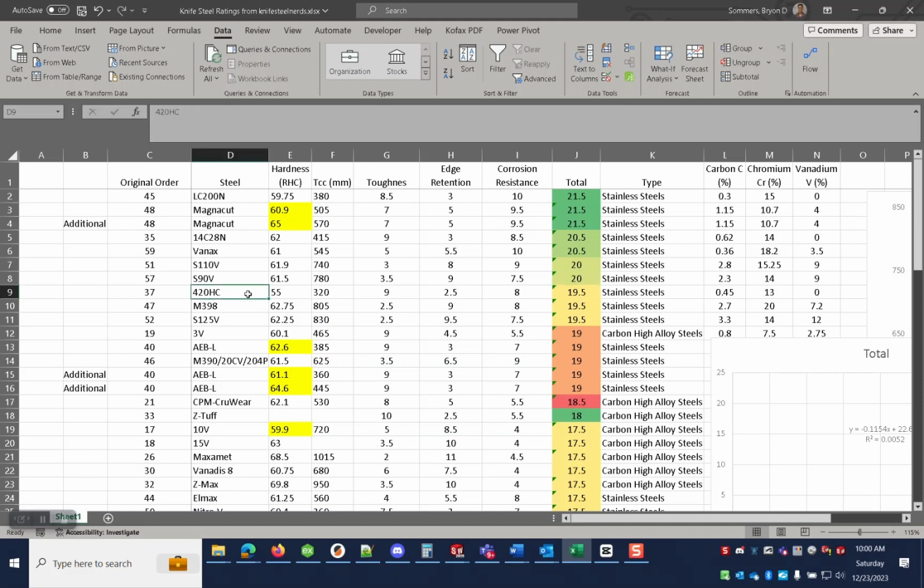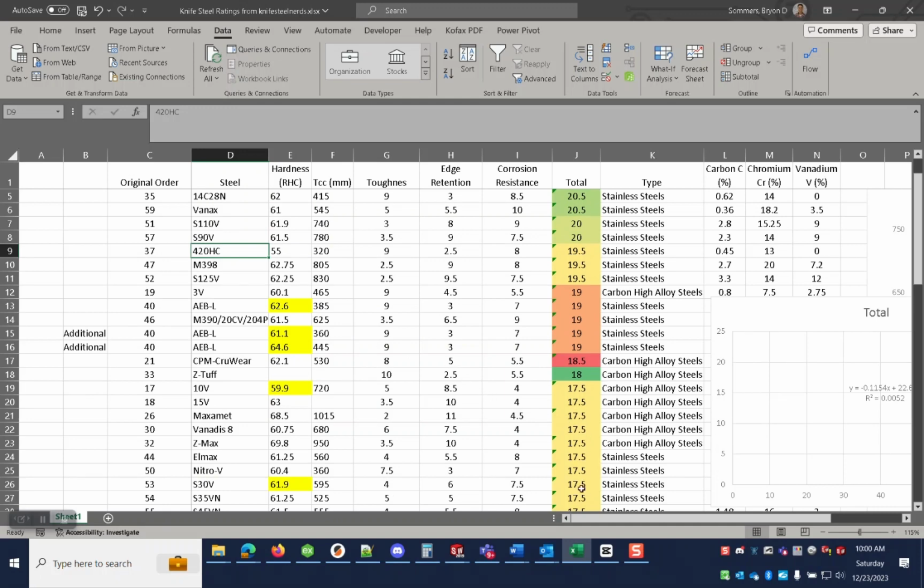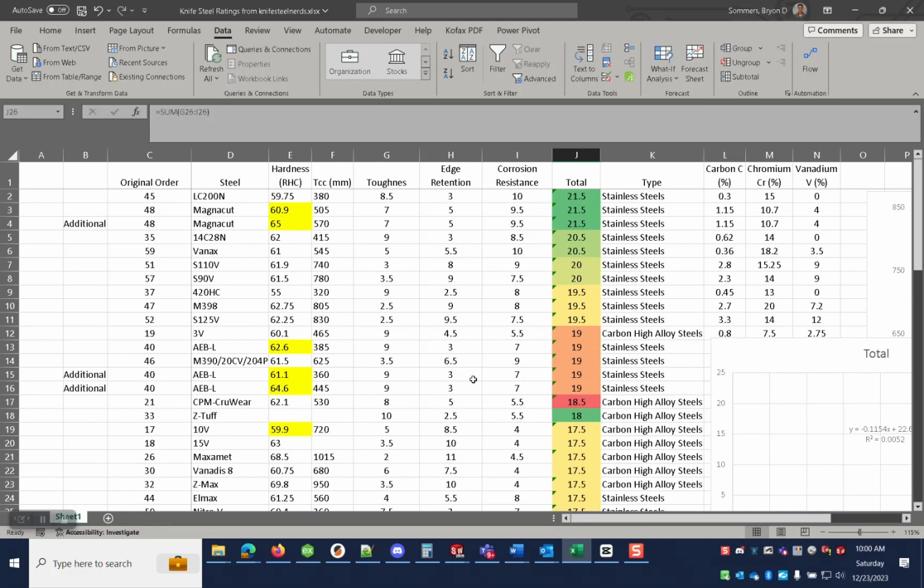I think this is what Leatherman tools use, 420HC. Now, how is S30V way down here, 17.5, so low on the list? I guess the only thing I could think is this 3-category ranking system is a little subjective. It's not necessarily empirical.